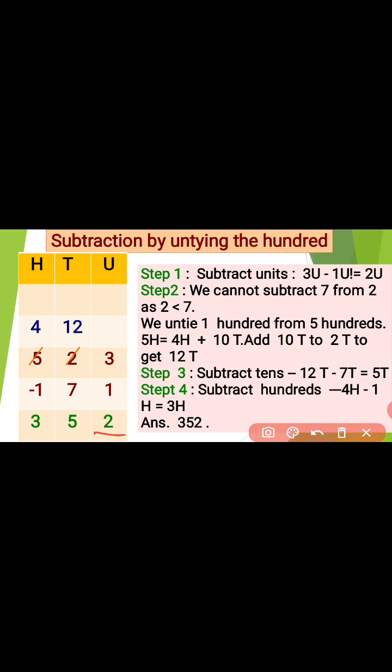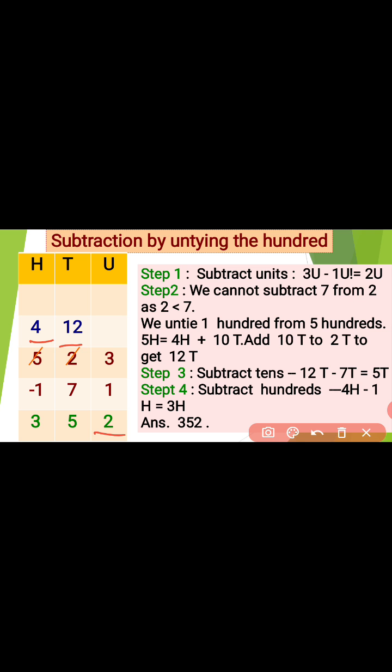In step 2, we have seen that 2 is smaller, so we take or we borrow from 100. We untie 100 from 500s. So 500s will become 400. Here you can see this will become 400 and this 2 tens will become 12 tens.